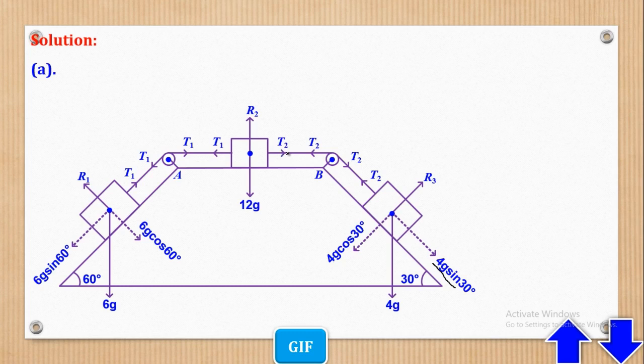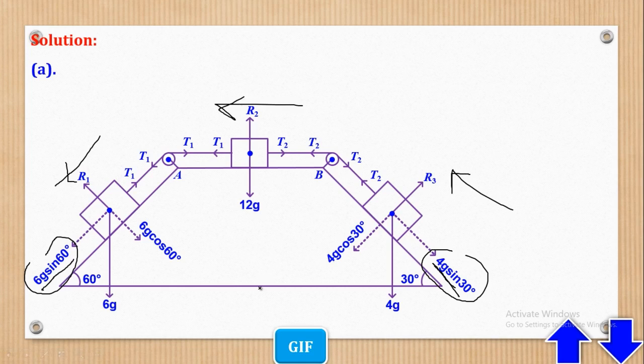Now next is to show the acceleration. For you to know how to show the accelerations, you have to compare this with this. You realize that this component is heavier than this, or is bigger than that. So what does that mean? It means that this will go down the plane, this will go up the plane, and this will go to the left, just as it is here in this simulation.